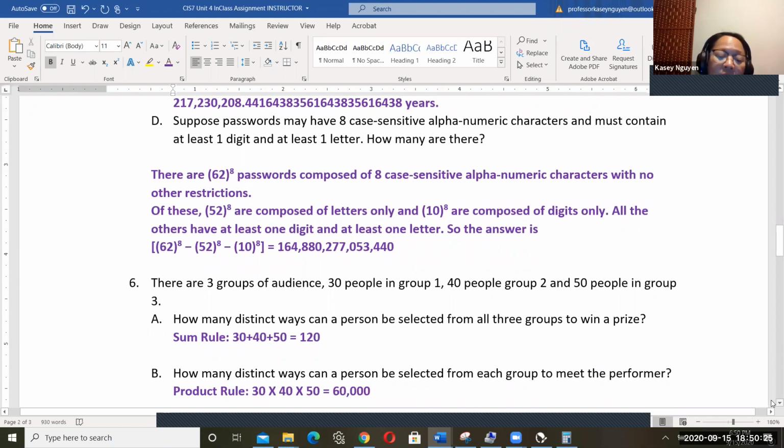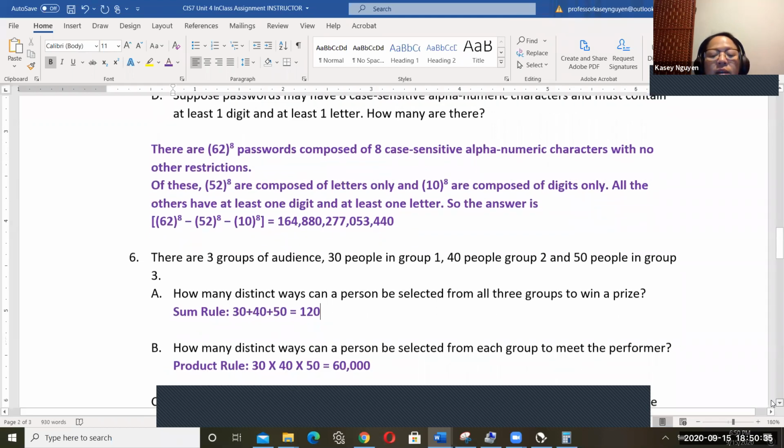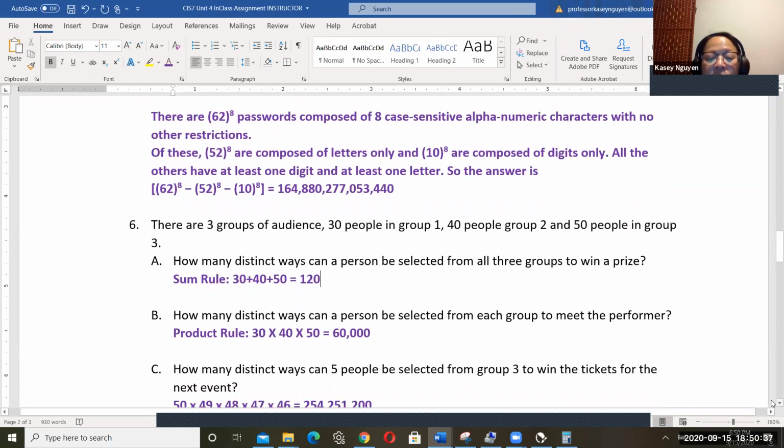Now for 6B, it asks you how many distinct ways can a person be selected from each group to meet the performer. So here we would use the product rule. We would take 30 from group 1 times 40 from group 2 times 50 from group 3.